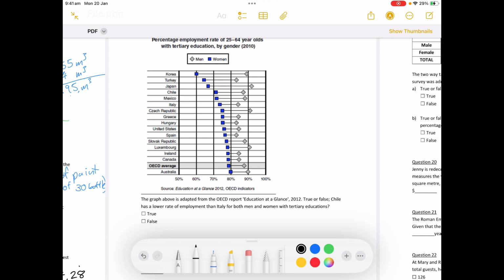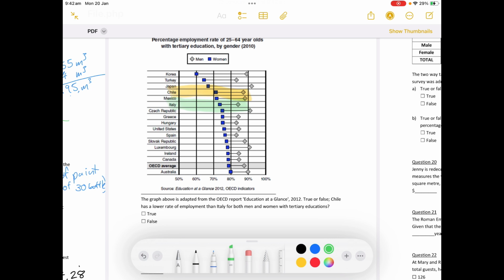Alright, so let's figure out where Chile is. Alright, Chile, that's this one. Oops, that highlight's a bit big. Alright, and the other one I'm looking at is Italy. So let's do Italy as well. Alright.